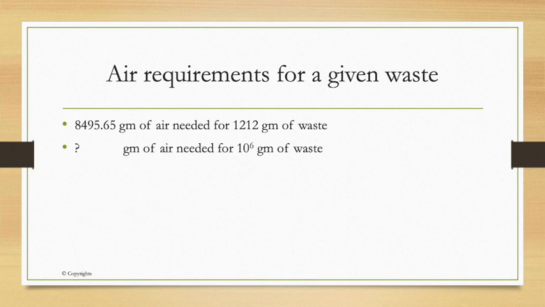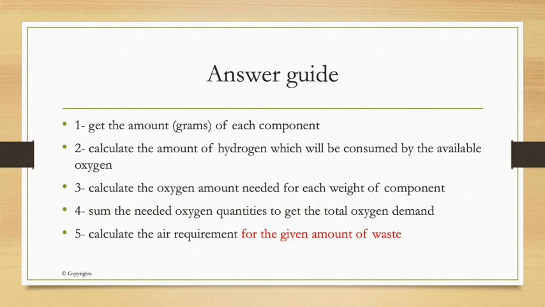So, we need to compute the amount of grams of air needed for the combustion of 10 power 6 grams of waste, which is equivalent to 1 ton. By performing cross multiplication, you will find that you need 7,009.6 kilograms of air for complete combustion of the waste.